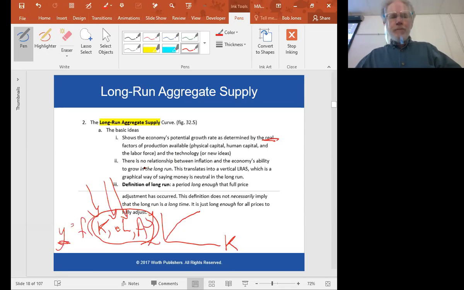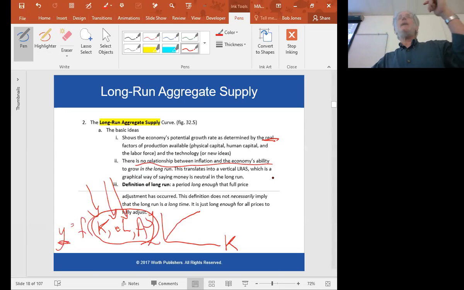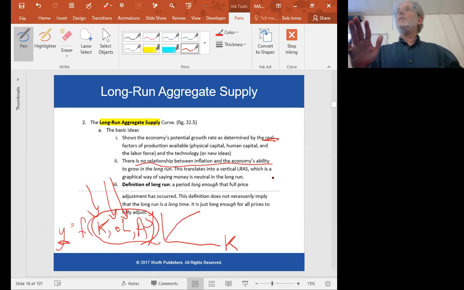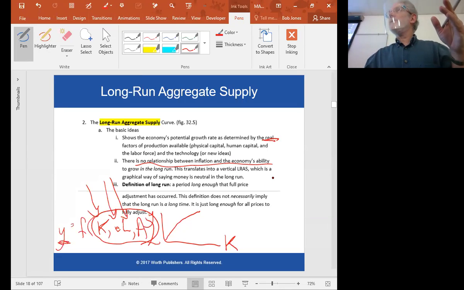Important to note, there is no relationship between inflation and the economy's ability to grow in the long run. Right? If we have the technology and the human capital and the physical capital to grow at a rate of 3%, and the Federal Reserve starts increasing the money supply a lot faster, so we've got a whole lot more money, that doesn't mean we can produce more output.